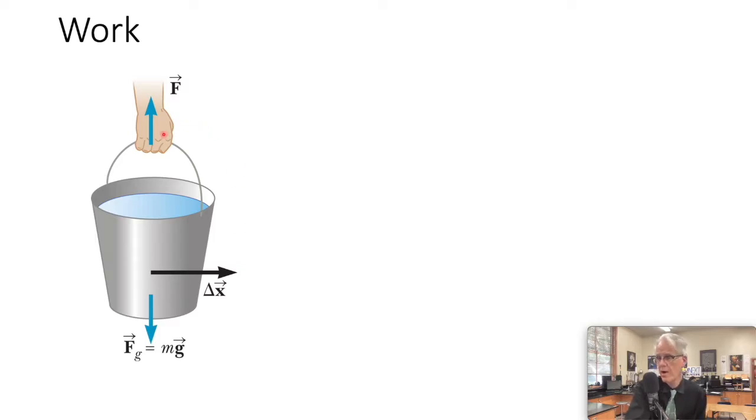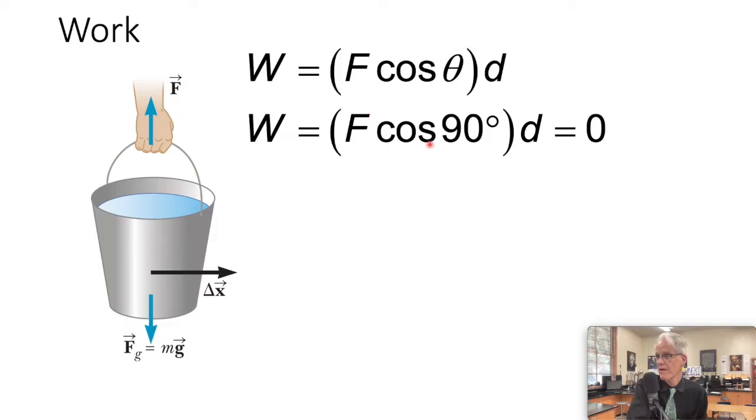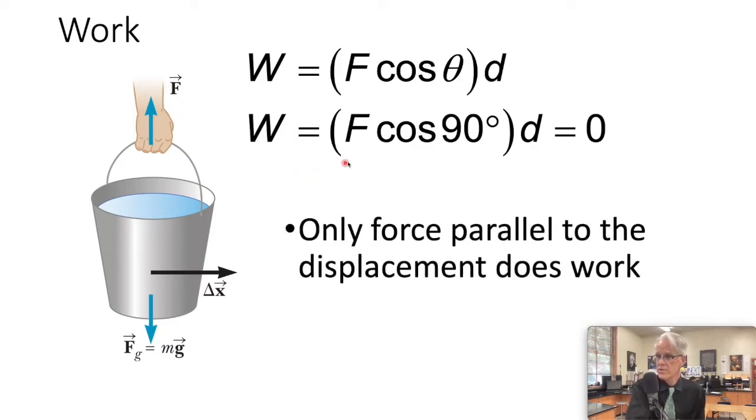There's no component of this force parallel to the displacement. This can be seen from our equation in that the cosine of 90 is 0. So in this example, no work is being done by this force. Only force parallel to the displacement does work.